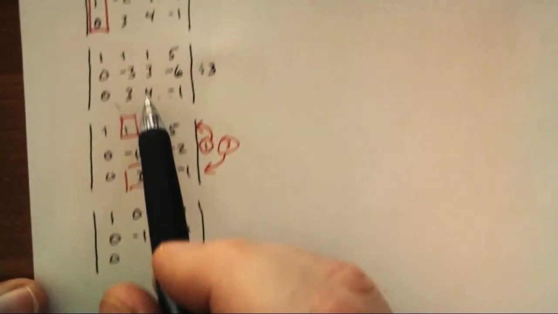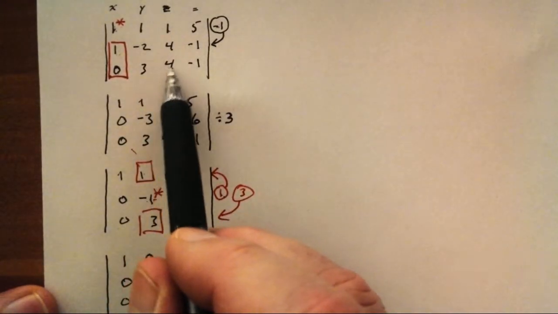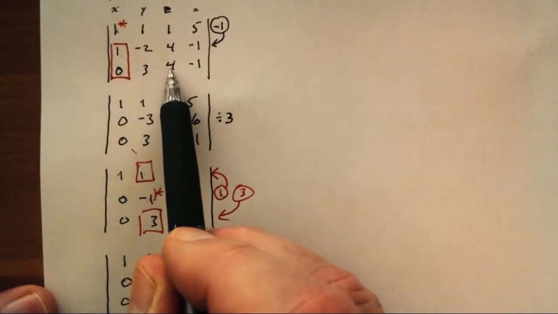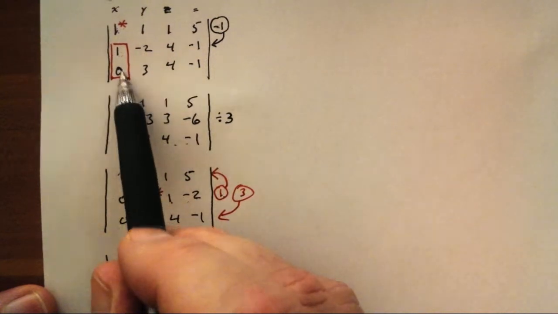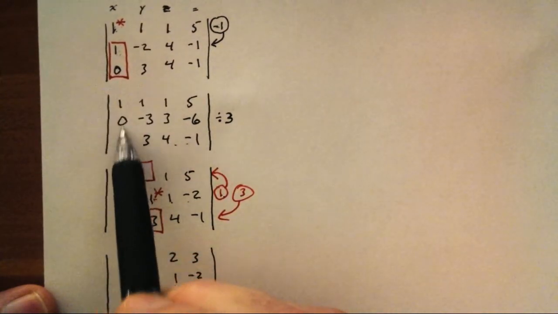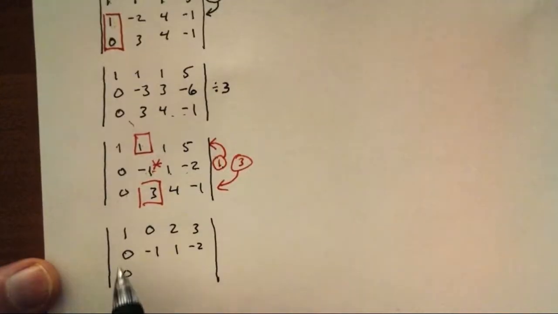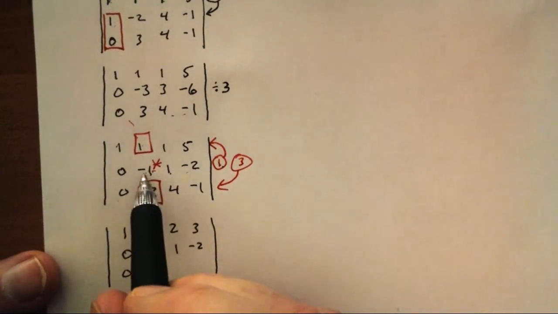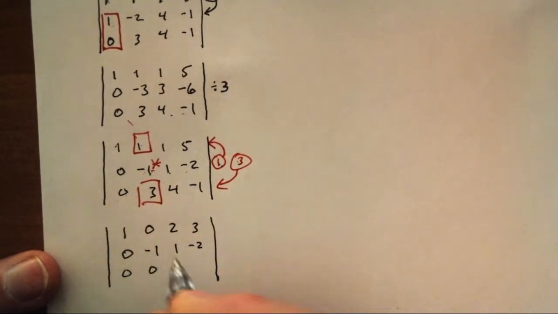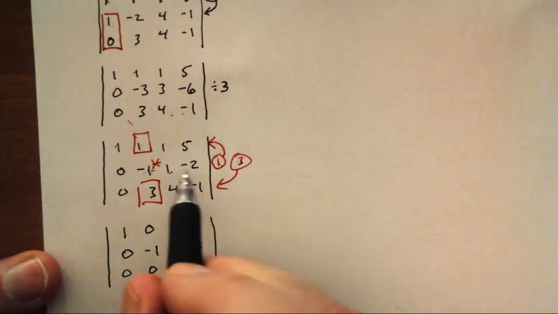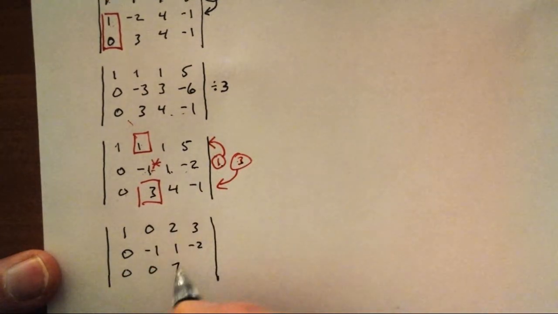Now, if this problem started off with a 0 right here, we might lose that 0, but we didn't work for it. But we've technically, by now, worked to create these two zeros. They won't change from 0. Okay, -3 and 3, 0. 3, 1 times 3, 3, plus 4, 7.